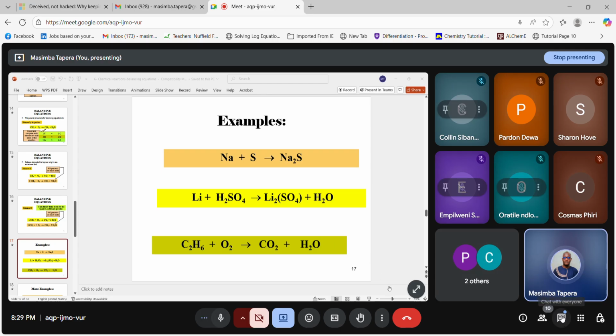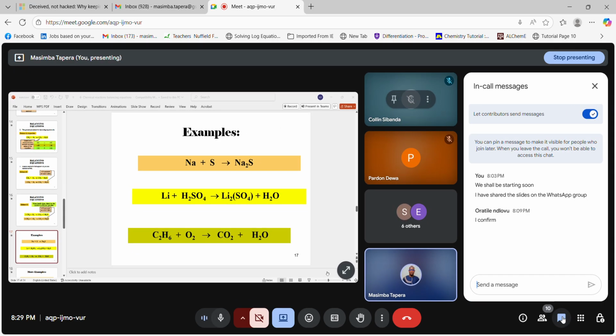So we are going to try the first one, which is sodium plus sulfur. Okay, let me write the equation here on the chat box. I hope and believe you guys are seeing. We have sodium plus sulfur here.